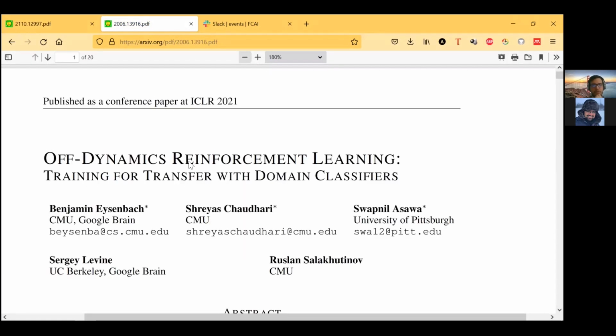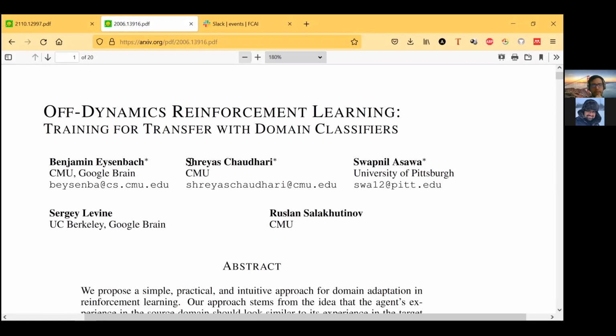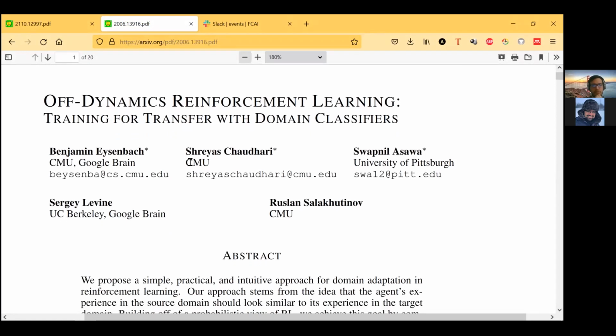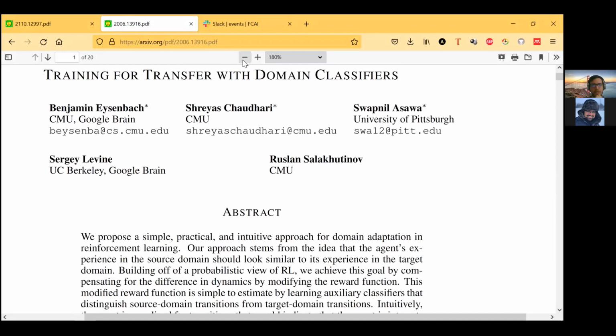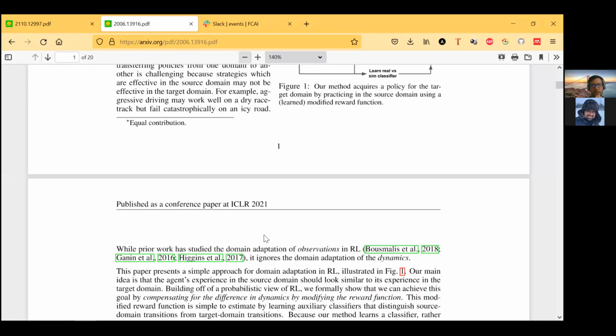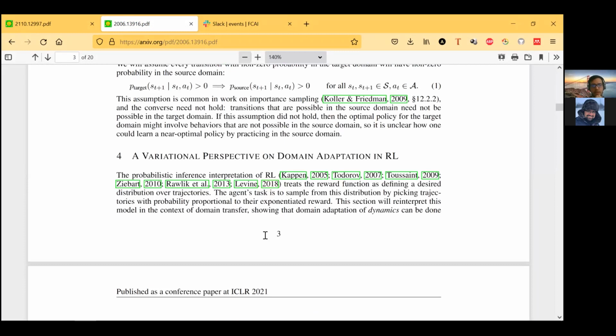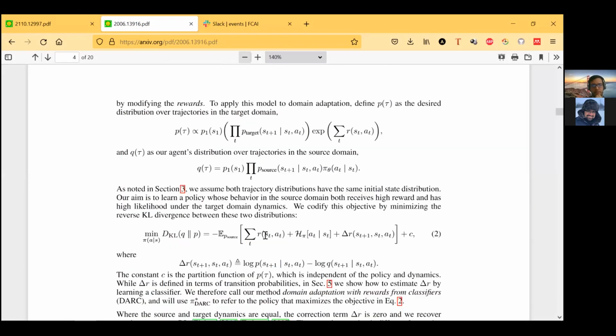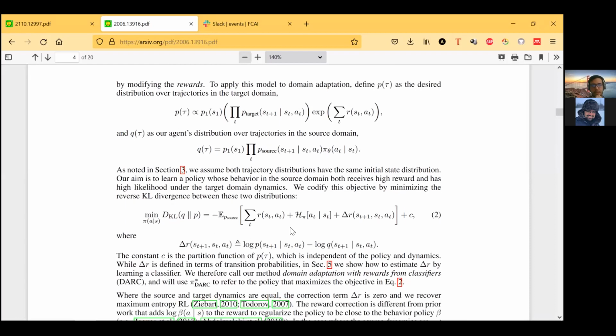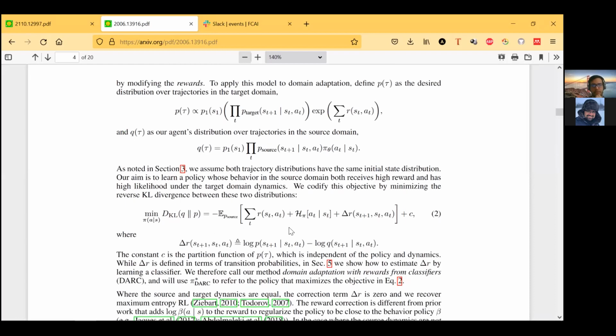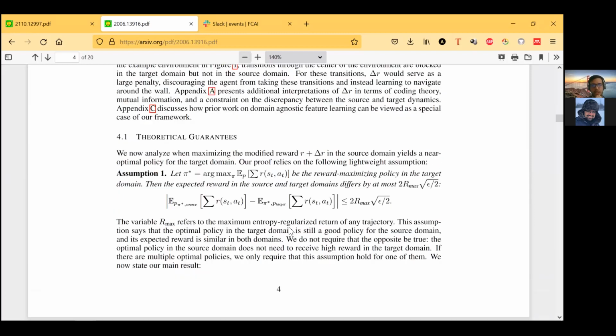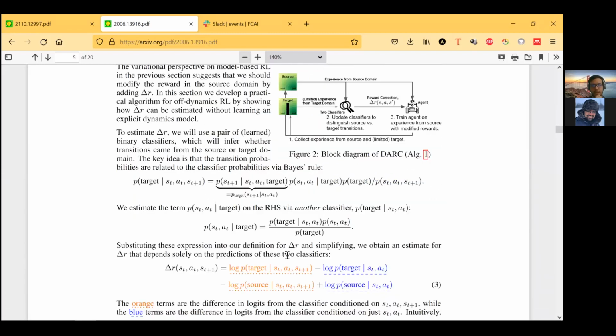This is another paper from ICLR 2021, so it's also relatively recent. It has very similar ideas for adapting from source and target dynamics, and up to also using this discriminator and so on.